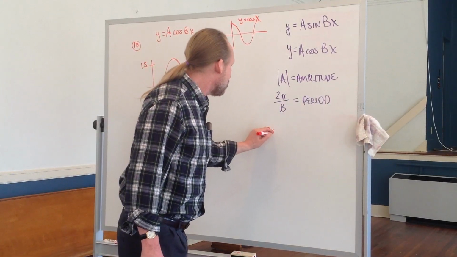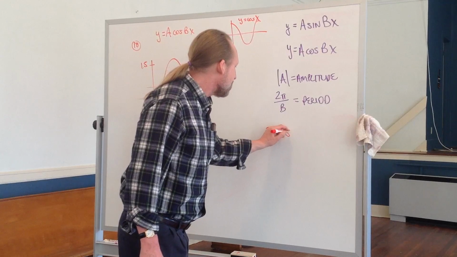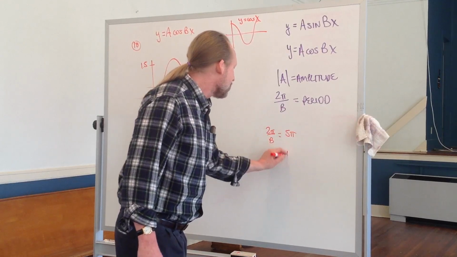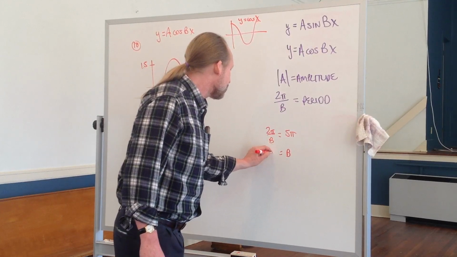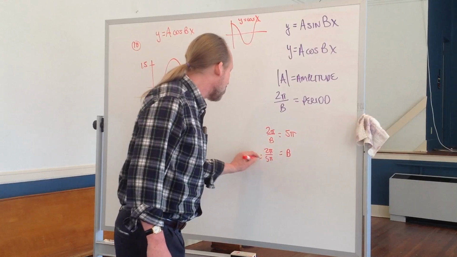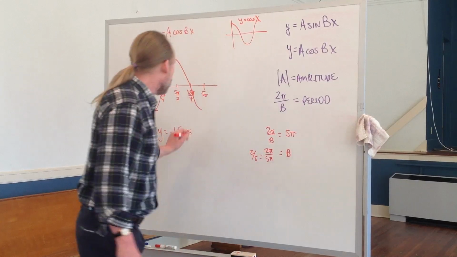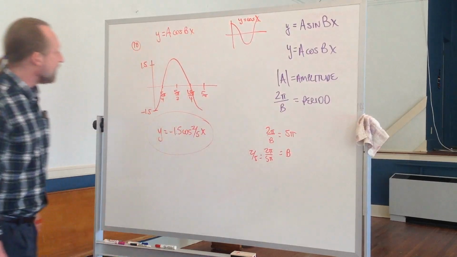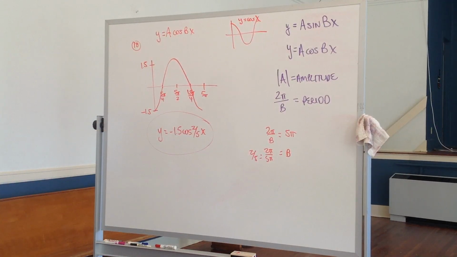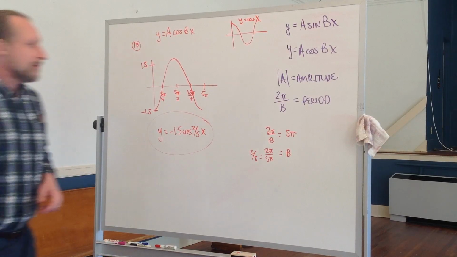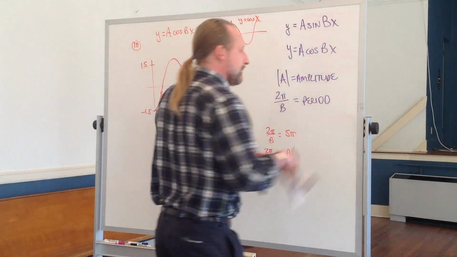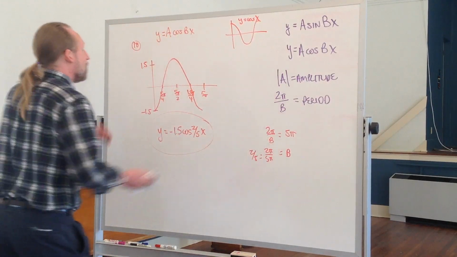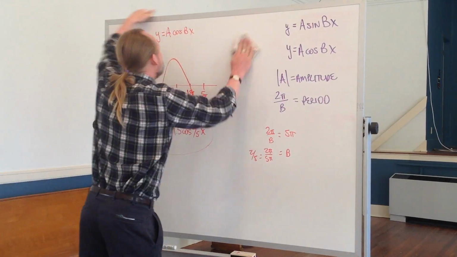So we say 2 pi over b equals 5 pi. So b is 2 pi over 5 pi, 2/5, 0.4, whatever you prefer, but there it is. Negative 1.5 cosine 2/5 x. All right, let's look at one more of these, and then that'll be it for section 2.2.